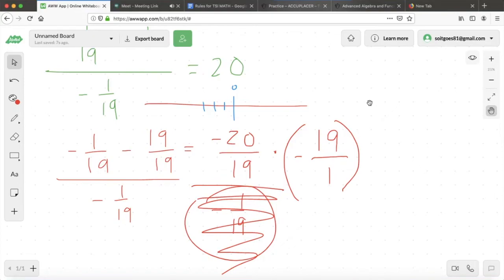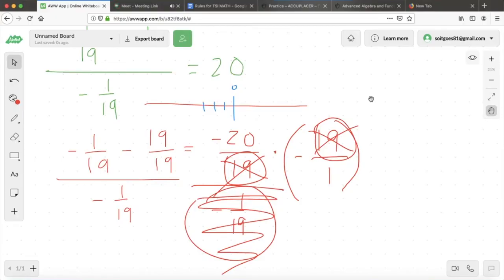All right, we're super close. We've got a 19 in the numerator and a 19 in the denominator, and we're multiplying these two values. What can I do? Cancel them out, because 19 divided by 19 is just 1, so it essentially disappears.